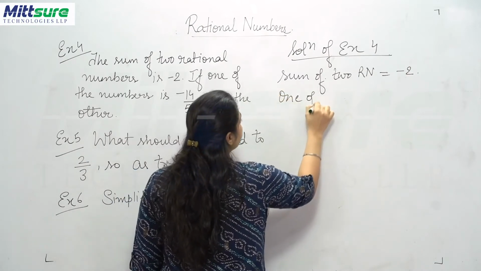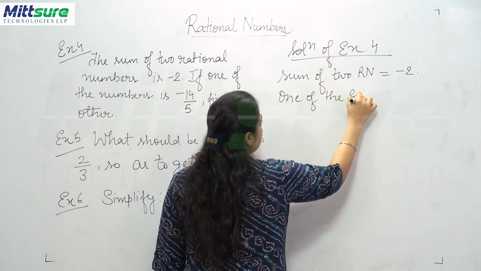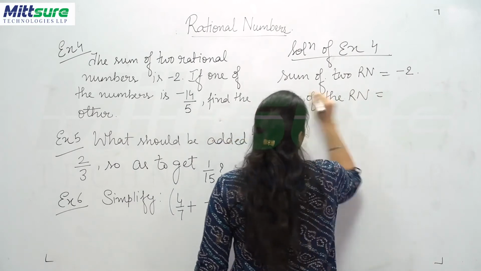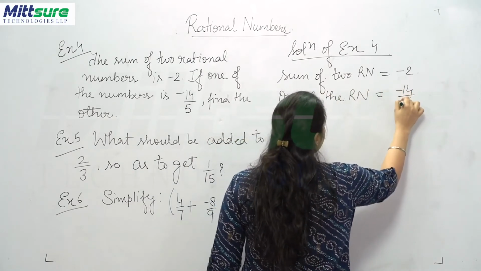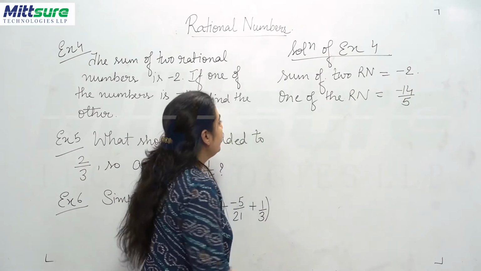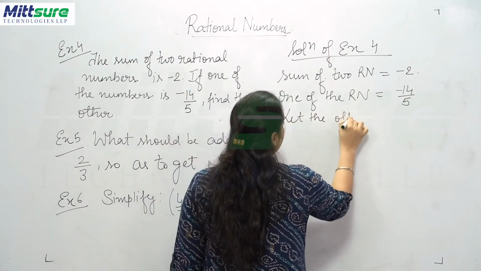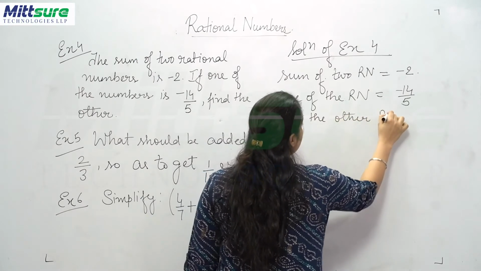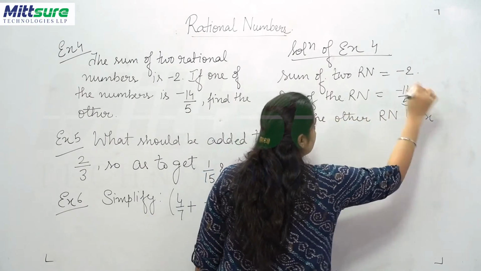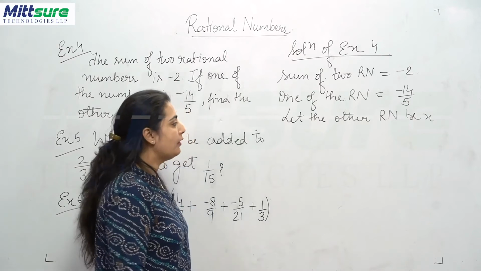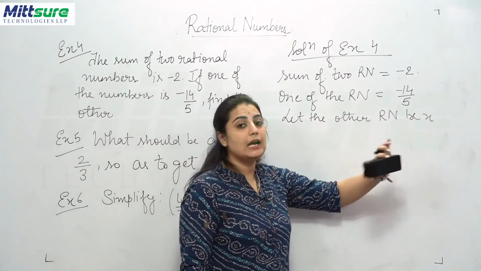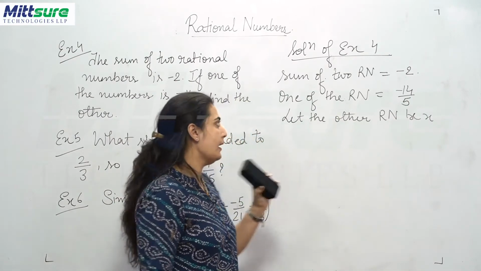One of the rational numbers is minus 14 upon 5. Clear? Now, let the other rational number be x. Okay, now what are we going to do? We will suppose the other rational number to be x.